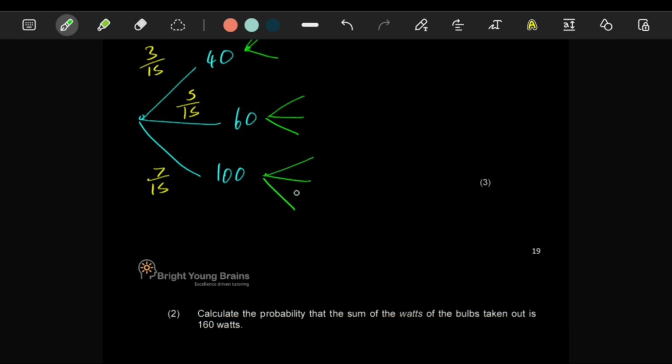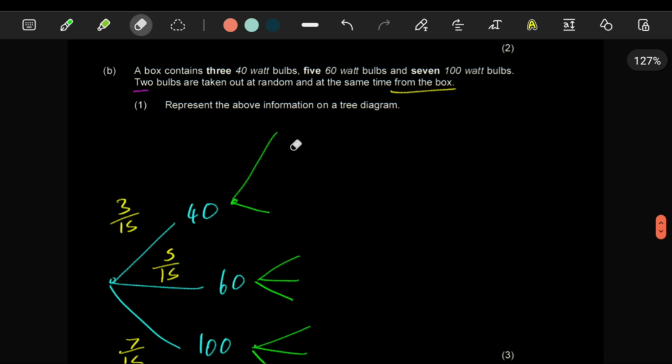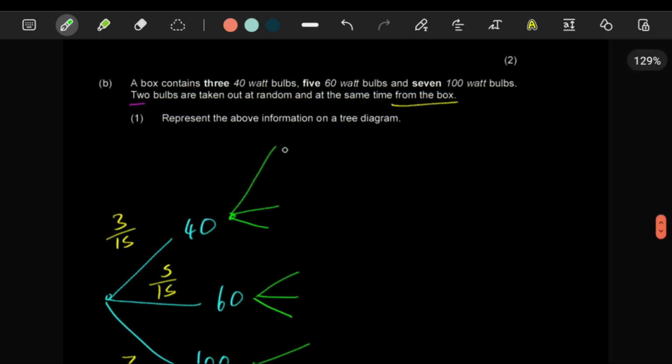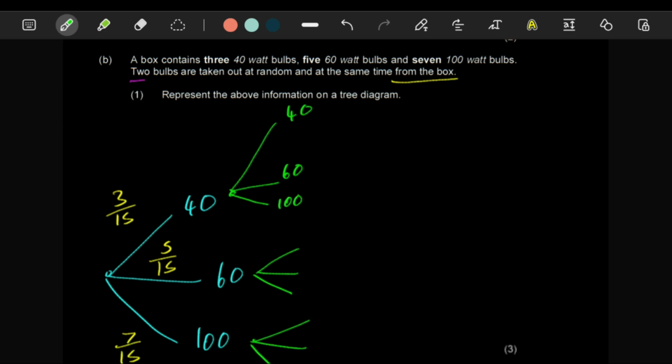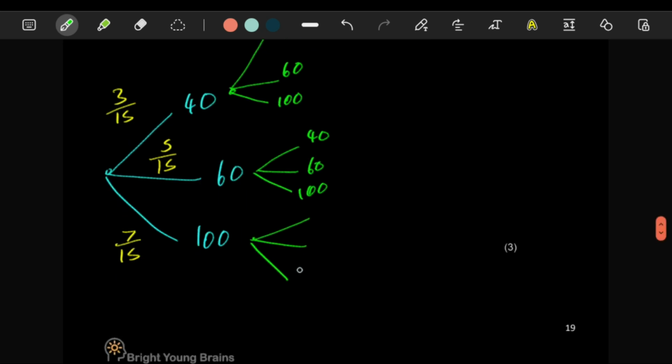So for example, here you can either choose a 40 again, a 60-watt bulb, or a 100. Here you're either going to choose a 100 again, a 60, or a 40.